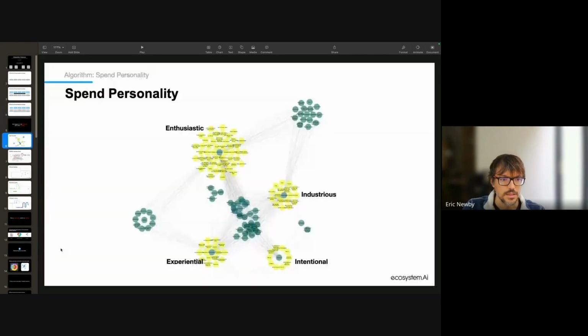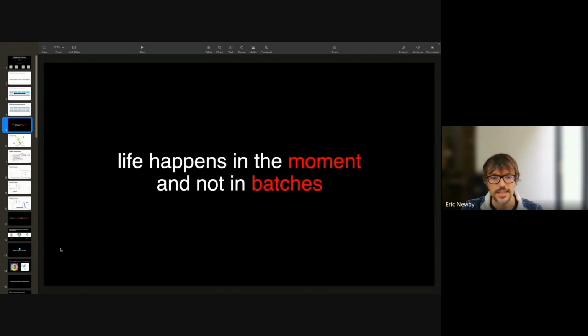So yeah, into some of the constructs. This is a saying that we quite like and identify with: life happens in the moment, not in batches. That means a lot of things.